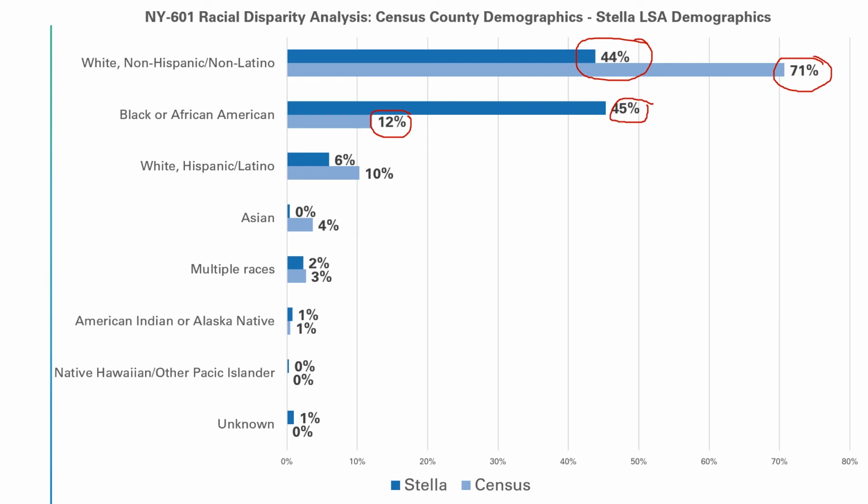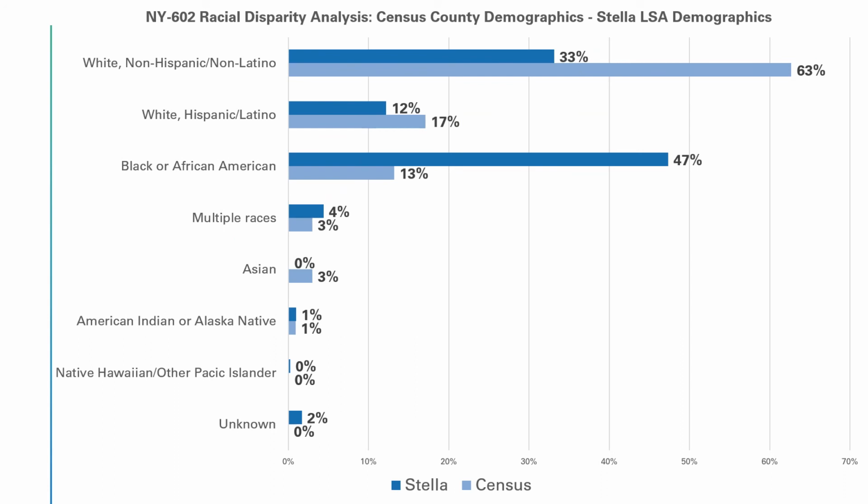So again, disparity is very obvious here. And then for white, Hispanic, in Dutchess County, we do notice that actually there are fewer folks who are white and Hispanic inside the homelessness system compared to their population proportion. And again, the same pattern with Asian, always significantly lower, if not close to 0.